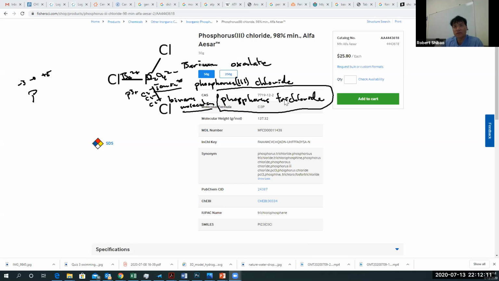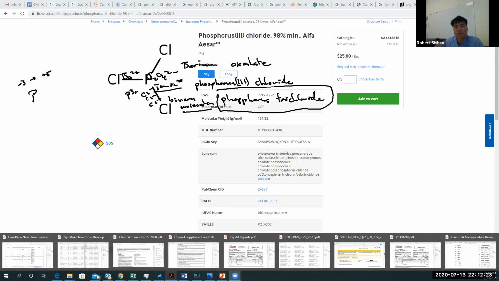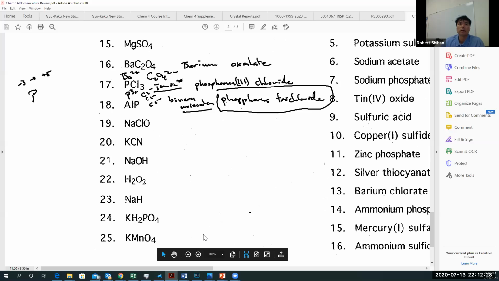You should call it phosphorus trichloride. We're going to name it as a binary molecular compound. It's like water, you know, try to come up with all the names that you can for water, using all the different rules. And so phosphorus trichloride is what we're going to call it, AKA phosphorus 3 chloride.